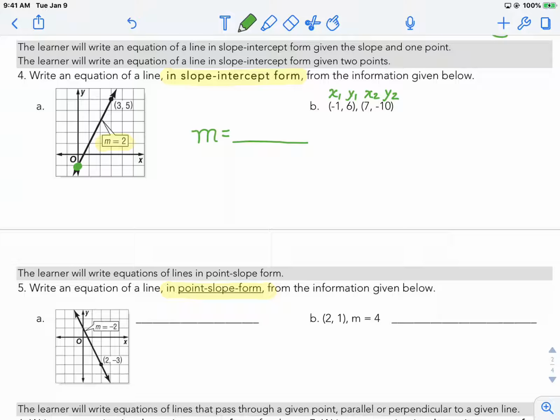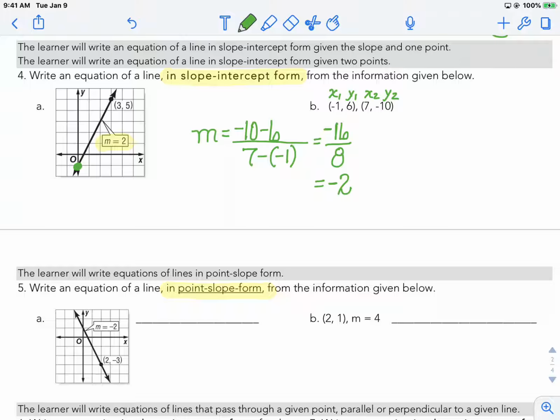Slope formula is y2 minus y1 in the numerator, and then in the denominator, x2 minus, and again, careful with your negatives, x1. Here's a good time to get your calculator and double check your numerator value and your denominator value so that your slope is calculated correctly.